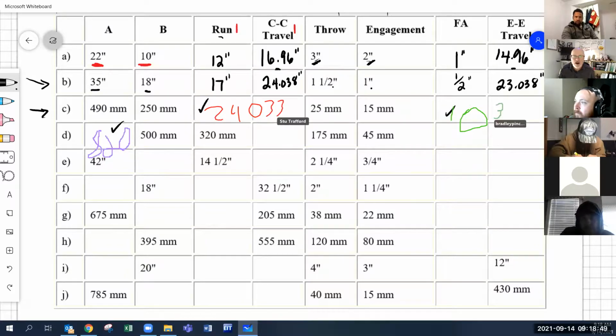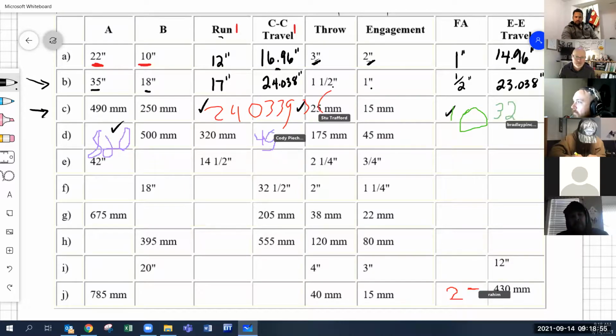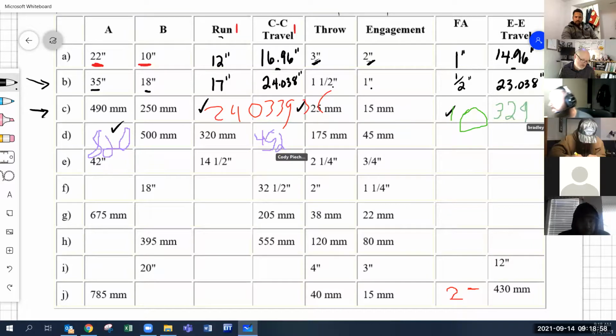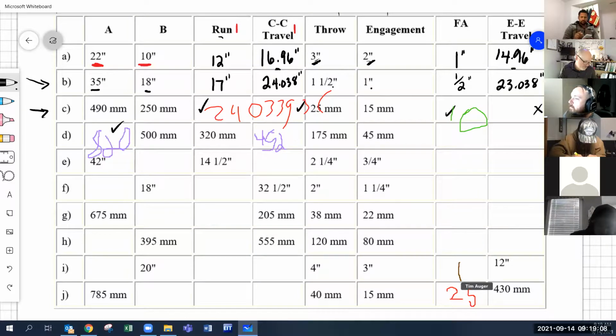There's a little options button. Yeah. Options. That's correct. Brad, you're gonna want to fix that one. Does that say 452, Cody? Yeah, okay.